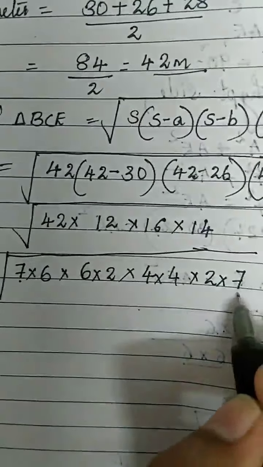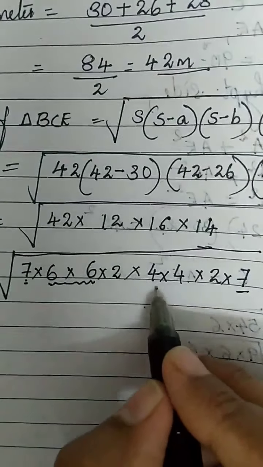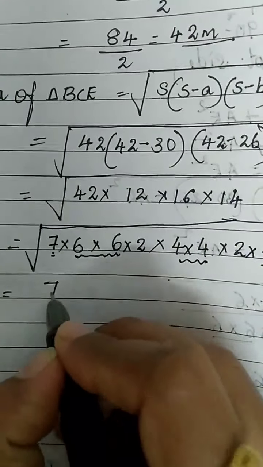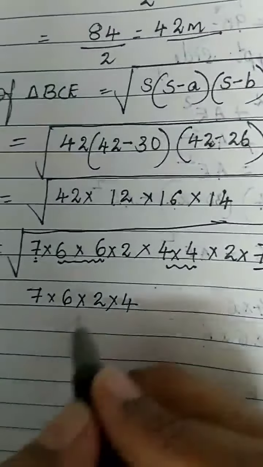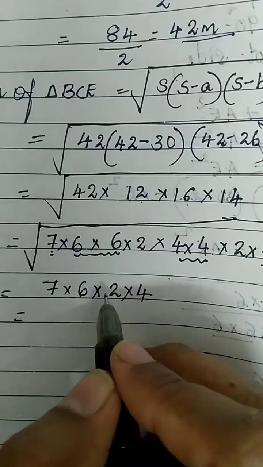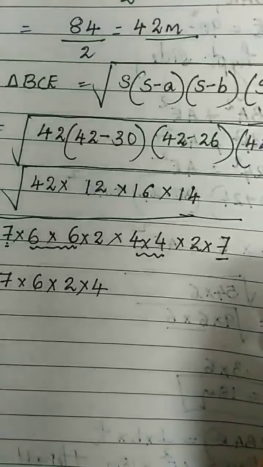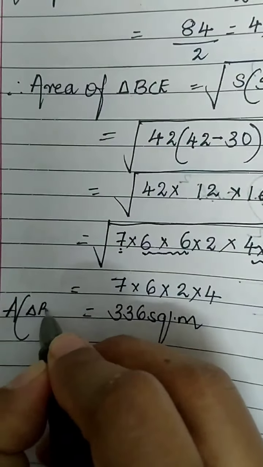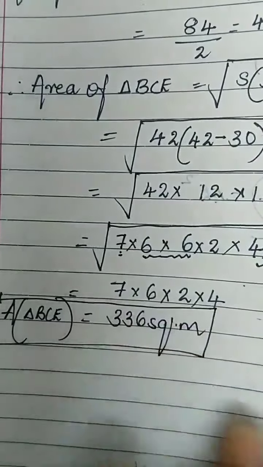We have 2 7s, then we have 2 6s, we have 2 4s and we have 2 2s. So 1 1 will come out: 7 into 6 into 2 into 4. How much is that? 7 6s are 42, 42 2s are 84. 84 into 4 we will multiply. So we got the area of triangle BCE as 336 square meter. Highlight it.